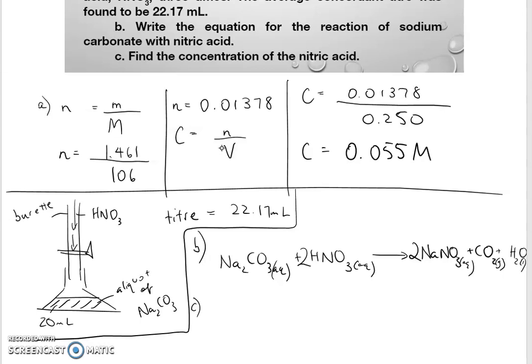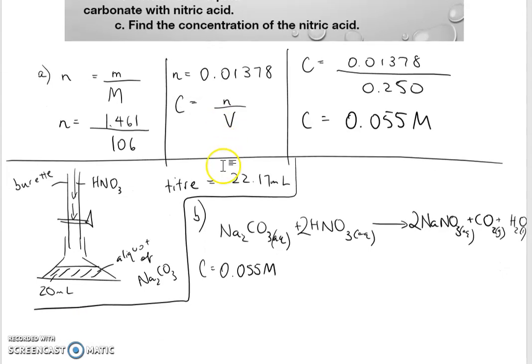Okay, so we have a concentration here of sodium carbonate of 0.055 molar, and we really want to know the moles in a 20 mil aliquot, because that's the number of particles in that aliquot.